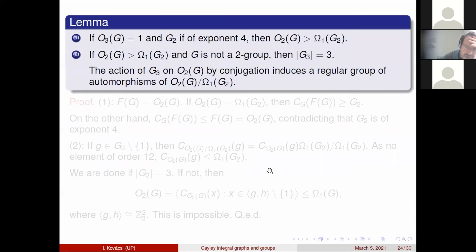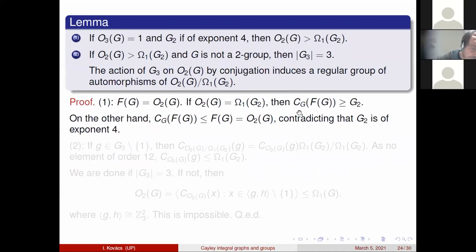The next information is the following. Suppose that the largest normal 3-subgroup is trivial, and suppose that G_2 is of exponent 4. Then you can prove that in that case, the largest normal 2-subgroup in G must be strictly larger than the group generated by the involutions. Let's prove this first.